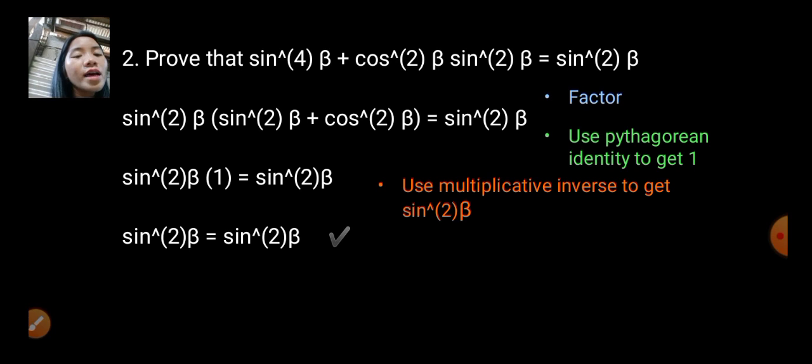After that, we will use the multiplicative inverse to get sine squared beta: sine squared beta times 1 is equal to sine squared beta. So it is proven that sine raised to 4 beta plus cos squared beta times sine squared beta is equal to sine squared beta.